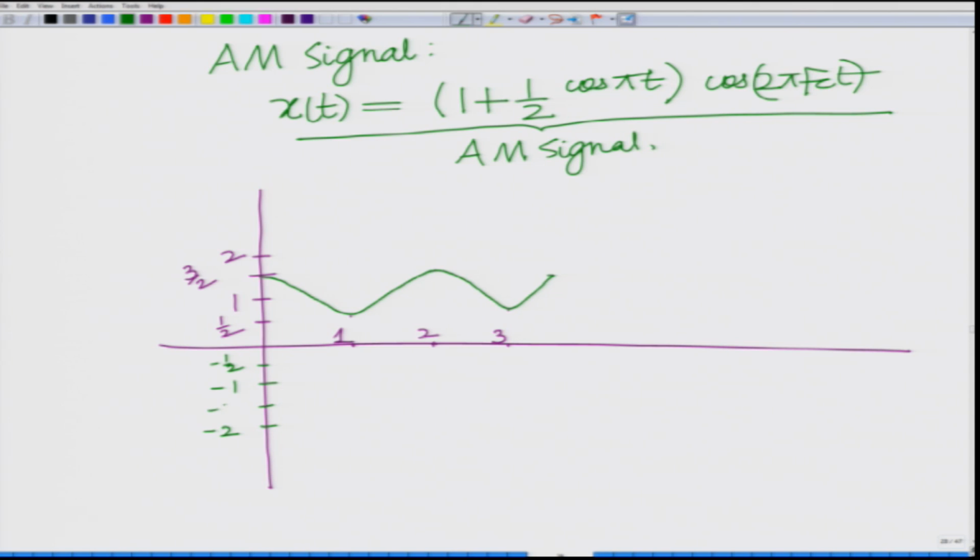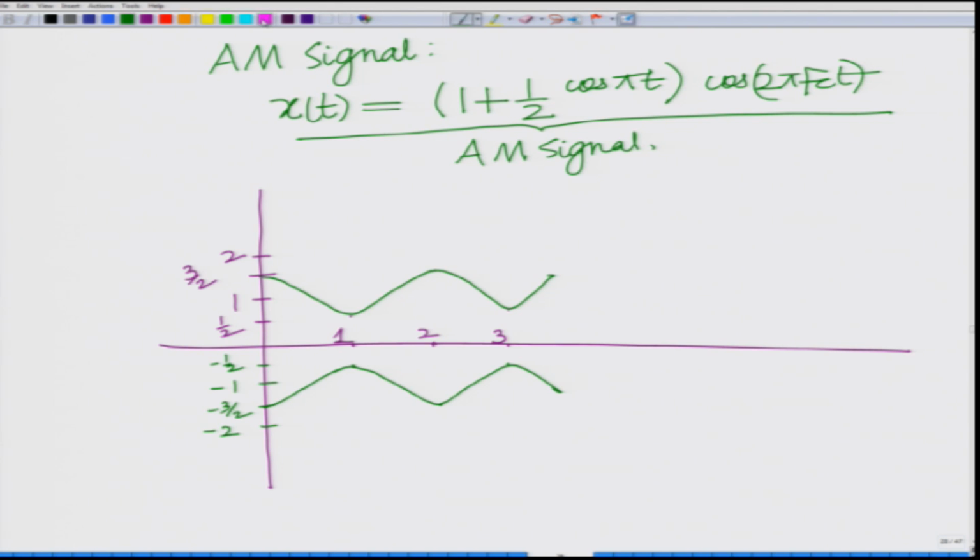So, there is 3/2, it is minus half. The mirror image will be between minus 3/2 and minus half, and that is going to be something like this. That is basically the reflection of this about this.